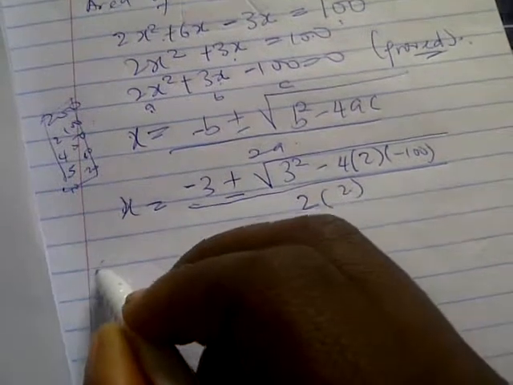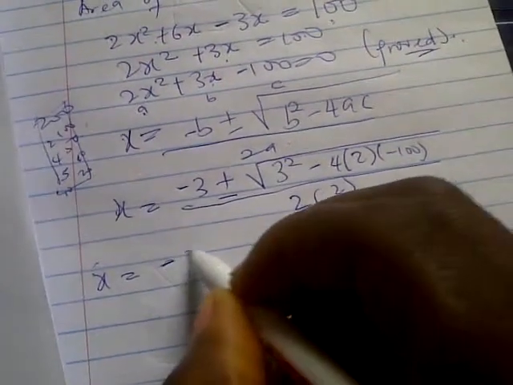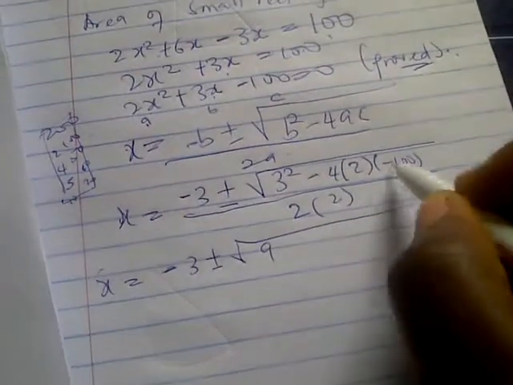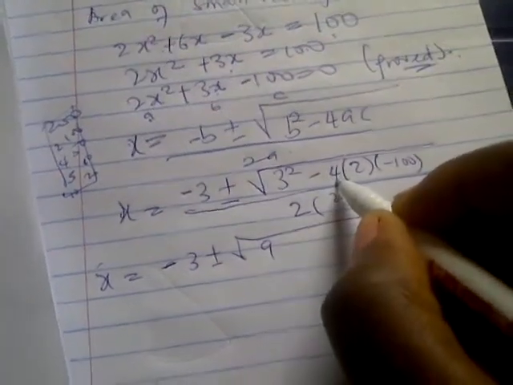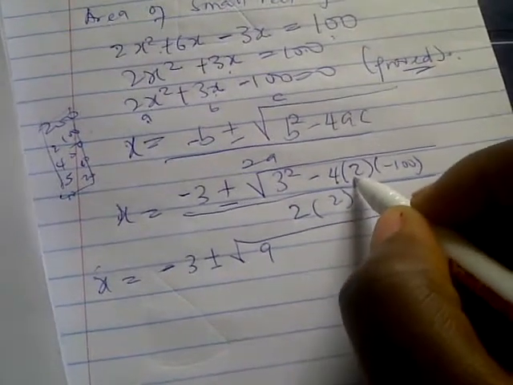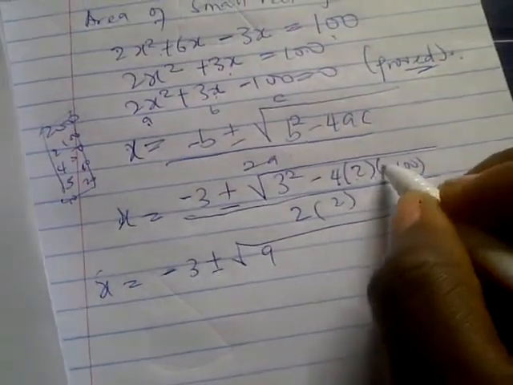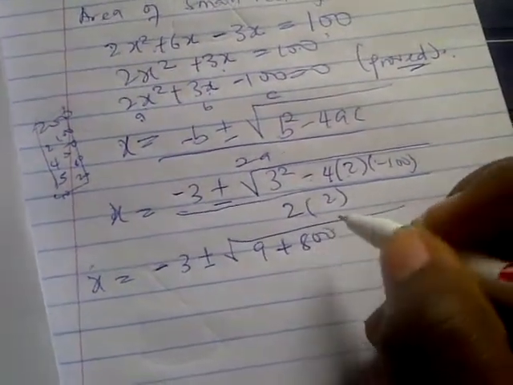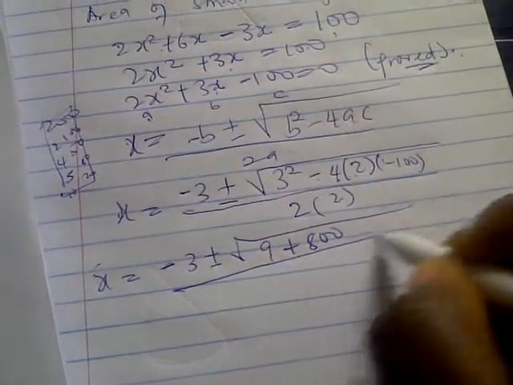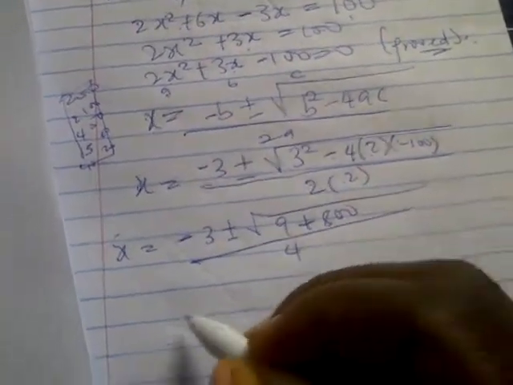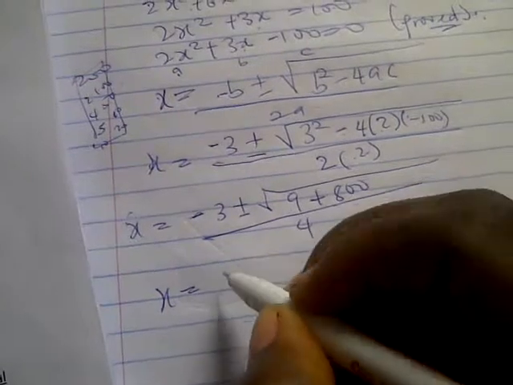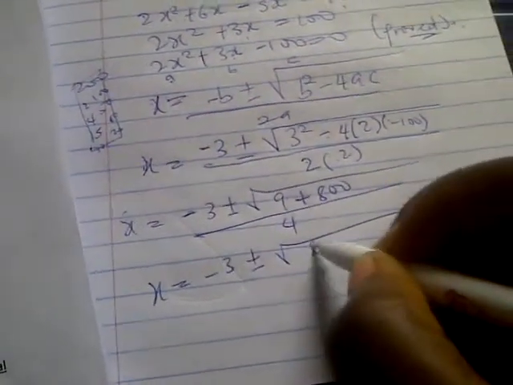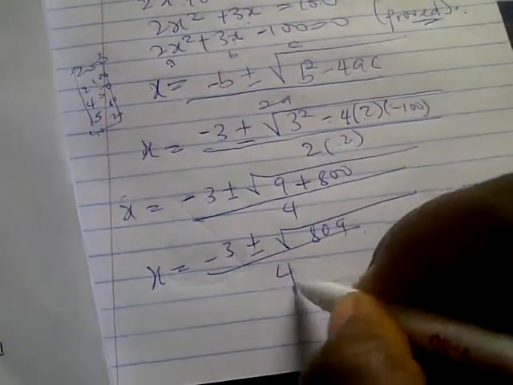So you have x to be minus 3 plus or minus root of, this is 9, 100 times 4 is 400 times 2 is 800, minus times minus is plus, so plus 800. And all over 2 times 2 is 4. So we have x to be minus 3 plus or minus root of 809 all over 4.